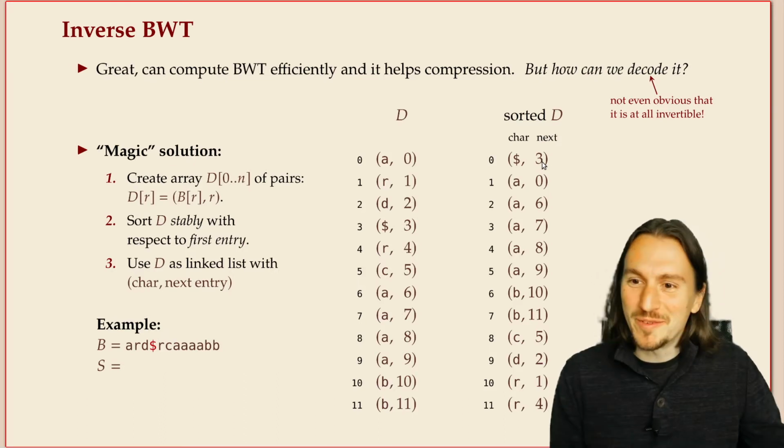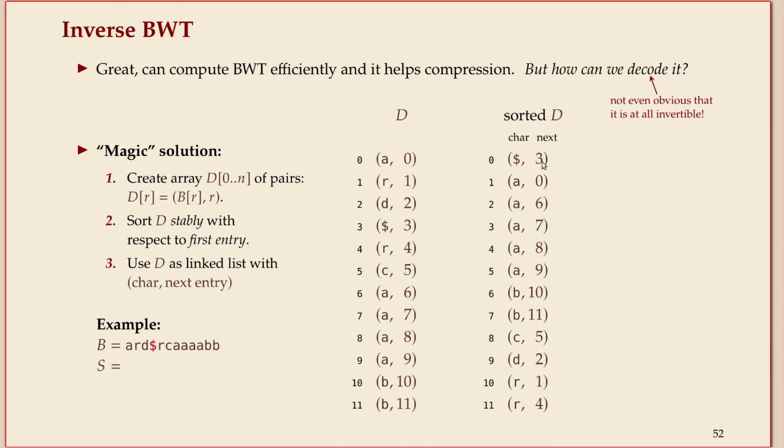Let's see it on an example. The first entry in this sorted list necessarily is the $, because we always have that first in the lexicographic order. We define it to be smaller than all the other characters. So this is always the first entry. But what we do in the algorithm is, when we arrive at a pair, we write down its character.